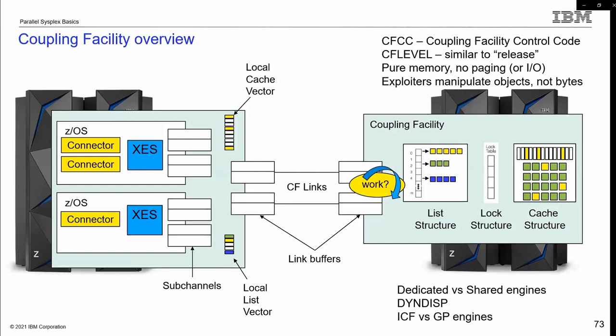Well, it updates a vector in the hardware on the local system, pictured in this picture, called the local cache vector. Okay? This local cache vector is in an area called the hardware service area, or HSA. And it updates that when an update is made that makes the in-memory copy of the cache obsolete.